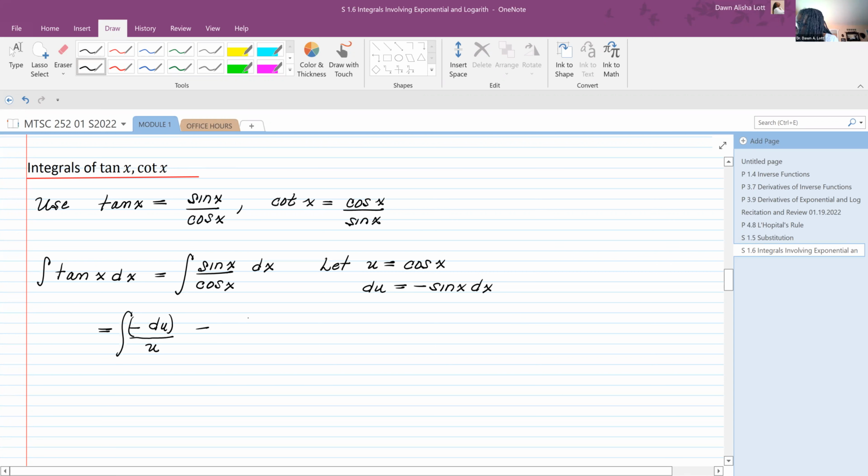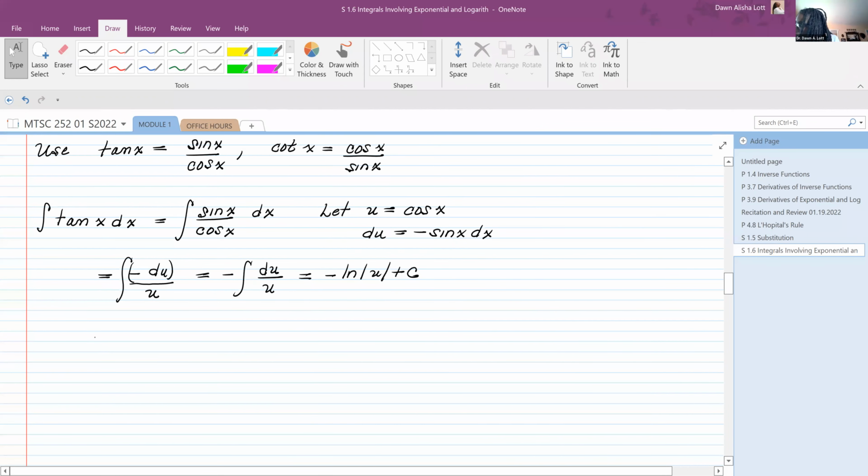So I get negative the integral of du over u. Well, that's the whole purpose of this section. That is negative the log of the absolute value of u plus a constant. All right, don't forget the negative, it came from the sine. So this is negative log of the absolute value of cosine of x plus a constant.